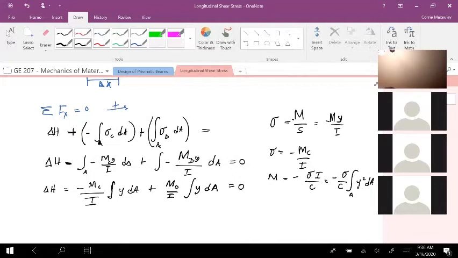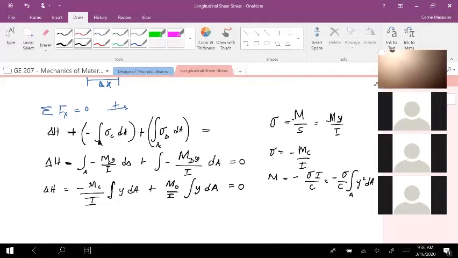But remember, we first looked at polar moment of inertia when we did torsion, right? It was the integral of r squared dA. Then when we got to bending stresses, we defined I as the integral of y squared dA.